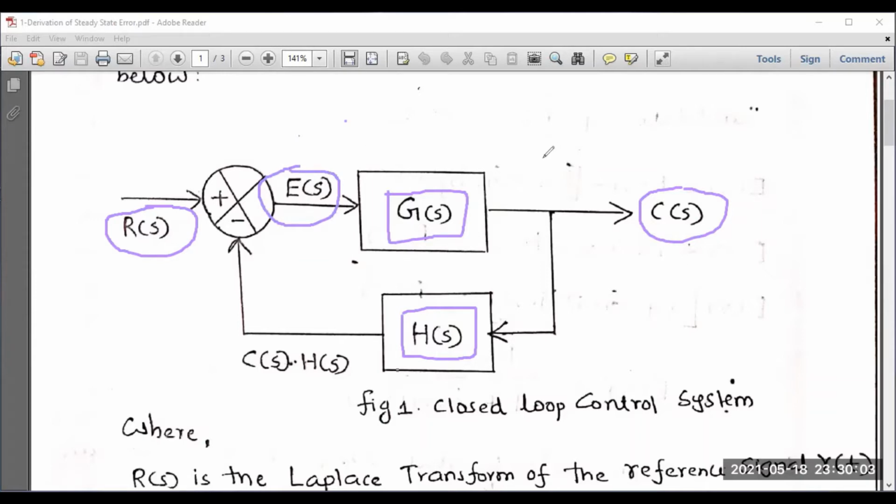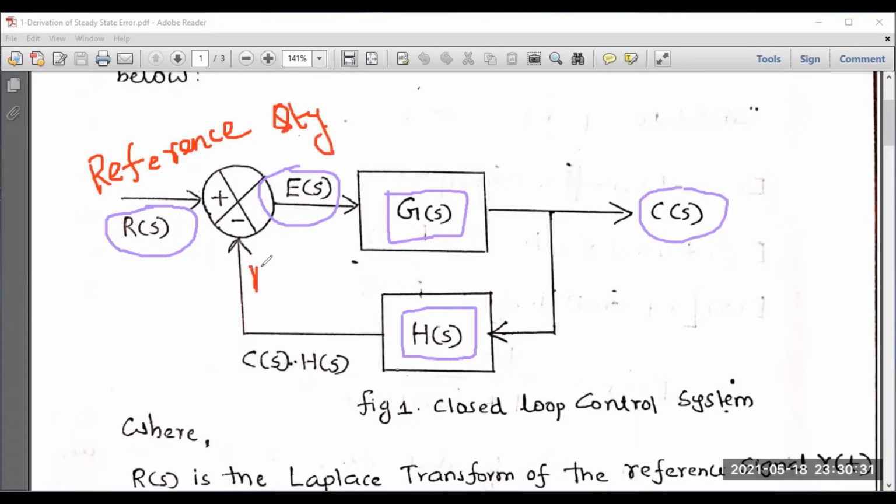So what is the error signal? The error signal is nothing but the difference between the input and the output. Actually, you can see the difference between the reference quantity and the actual quantity. This is your reference quantity, or you can call it the reference signal. Both are okay.